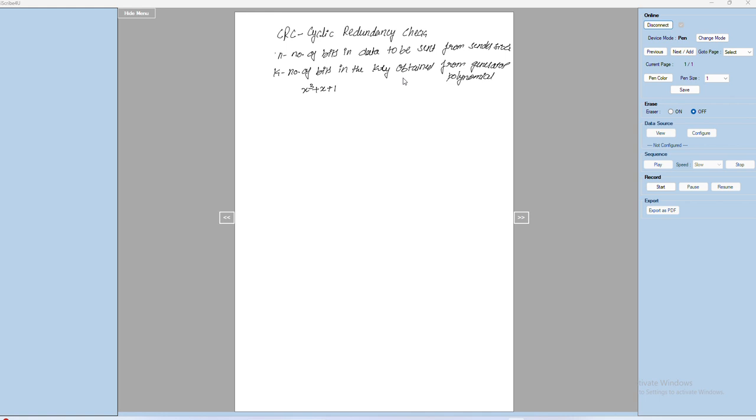Here n is also known as data, the data which is given to solve in the CRC problem. CRC is mainly used for error detection in the communication.